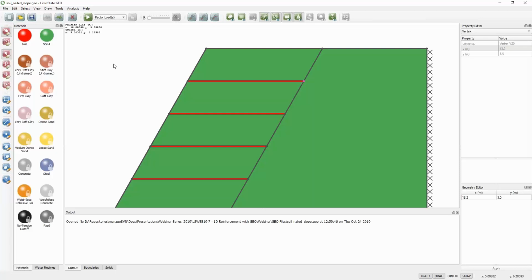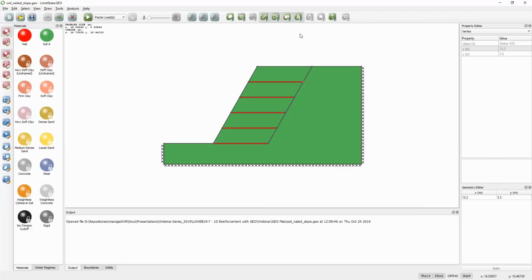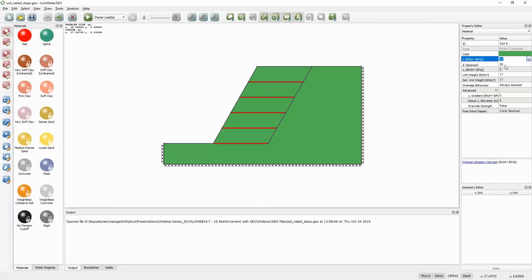So again, if I click that, that just gives us the full view of the problem. All I will need to do to solve the problem, so we'll look at soil A first. There we can see the soil has a c' of 3.5, phi' of 26, and we've specified a unit weight of 17.